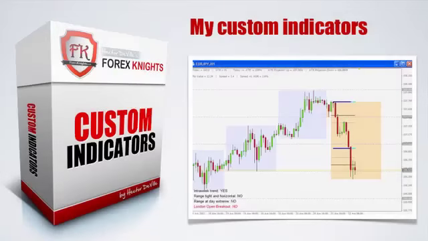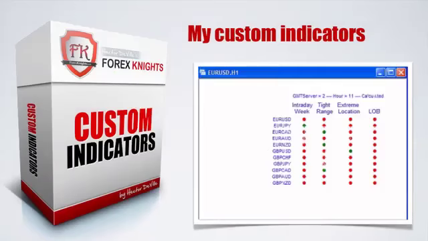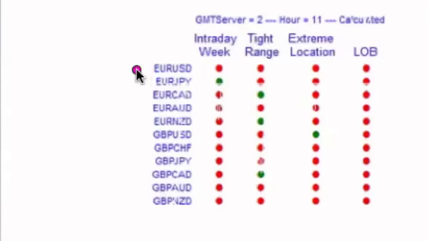Okay. Moreover, in case you want to track all the different currency pairs for the London Open breakout strategy, at least those related to the euro and to the sterling pound. Okay, remember that the London Open breakout strategy is only to be traded on euro crosses and on sterling pound crosses. Well, I'm going to also give you access to one of my favorite ones.